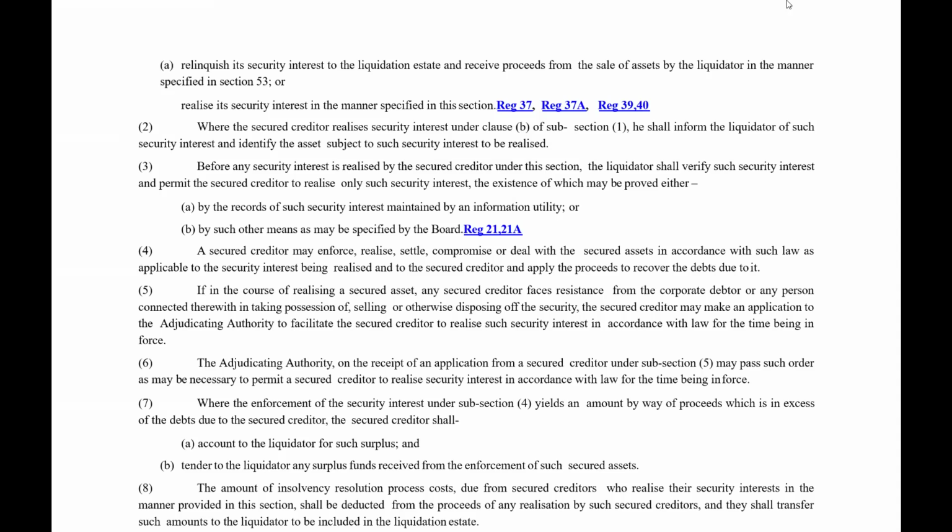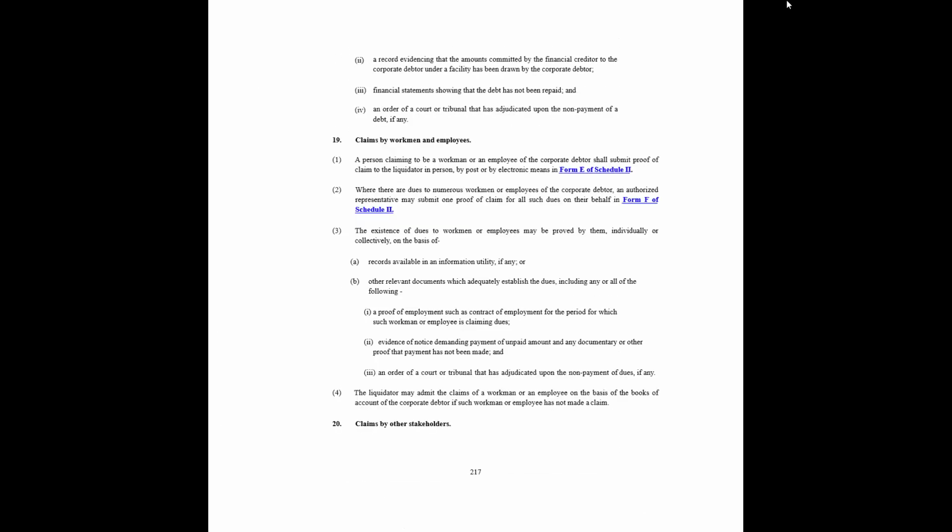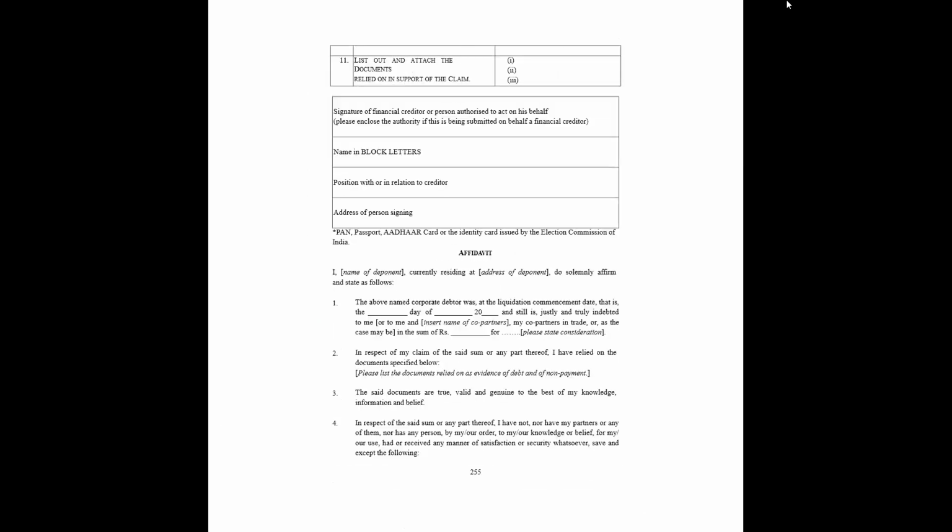In column 8A, he has to fill whether he is realizing or relinquishing the security interest. And in Form D also, there is a column number 8A.